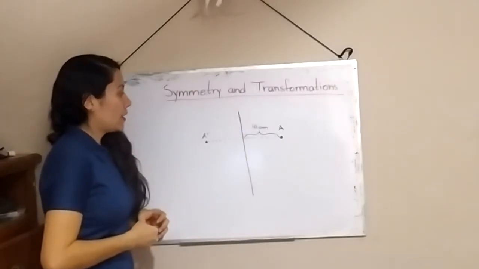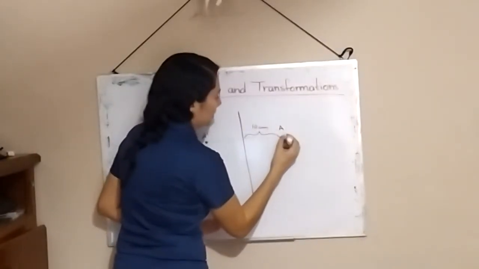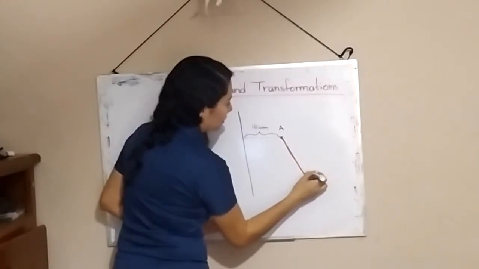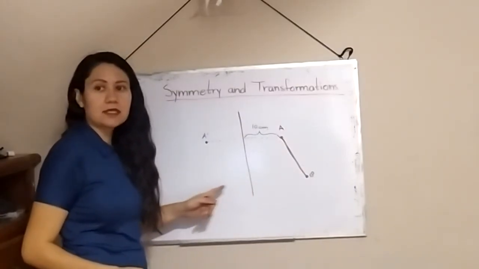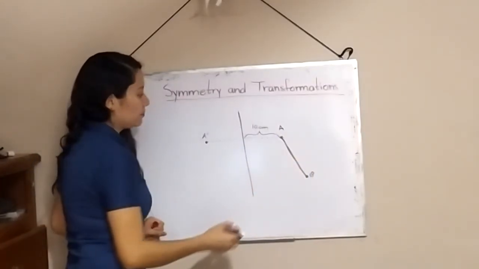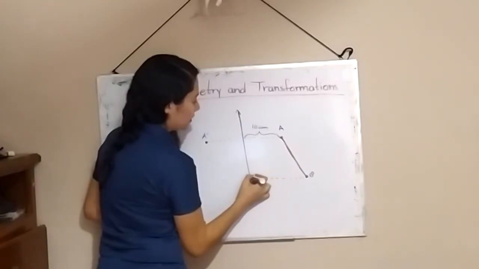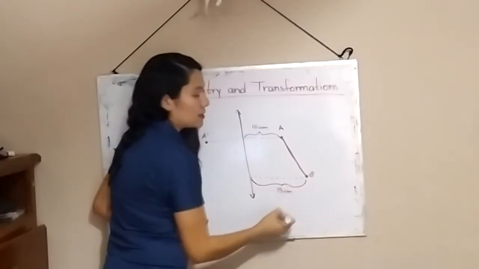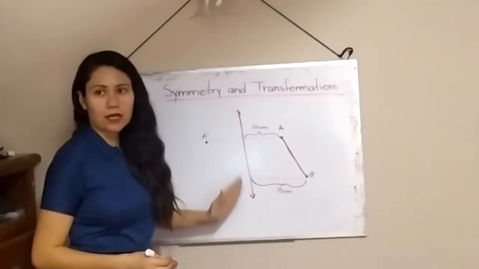Now we can also have a reflection of a line. If we have a segment that goes from point A to point B, now point B also needs to be at the same distance from the line. So let's say that point B is 15 centimeters from the axis, which is our symmetry line.